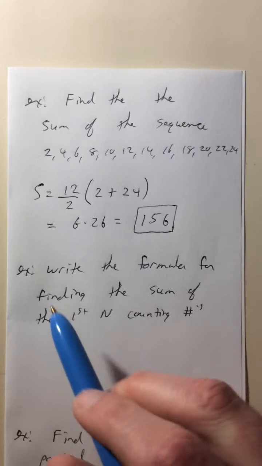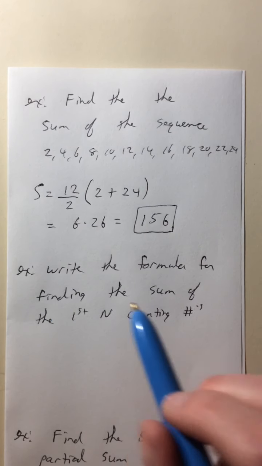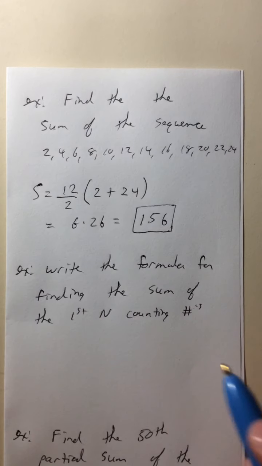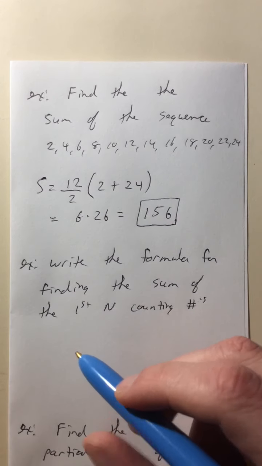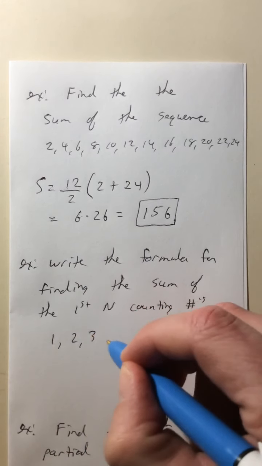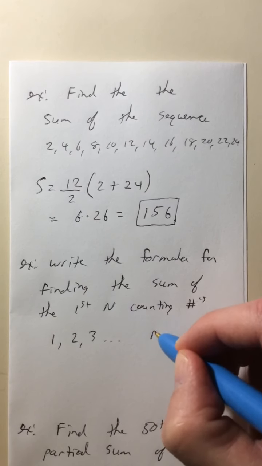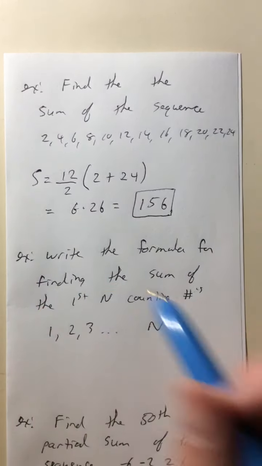All right. So it says write the formula for finding the sum of the first n counting numbers. Okay. So we're actually going to use what Gauss used here. So we've got 1, 2, 3, dot, dot, dot, n. We know that we can use our little sum formula here.